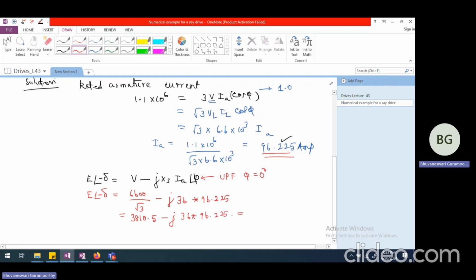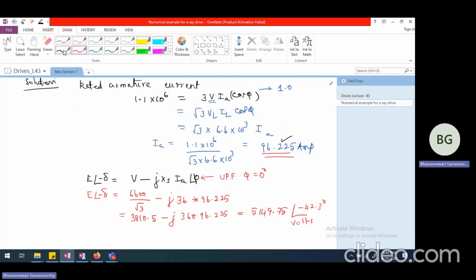This comes out to be 5149.75 angle minus 42.3 degrees. So this is the excitation voltage we have calculated.